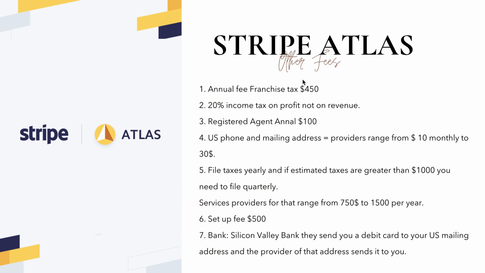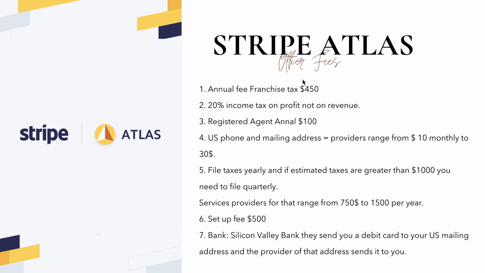Now, something that most people don't note is the extra fees that come with running a business. If you open a corporation with Stripe Atlas, these are the extra fees that you need to keep in mind. Number one, you have to note that your business is opened in Delaware, which means the fees you'll be paying will be based on the state where you created your corporation.